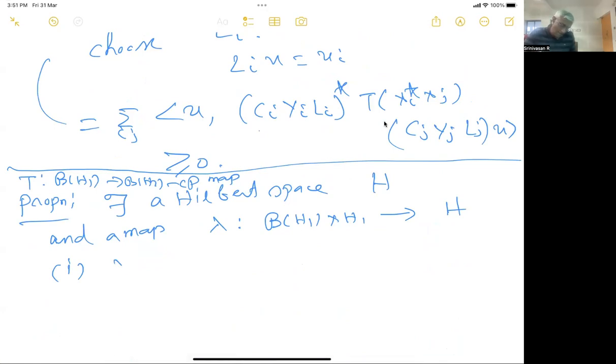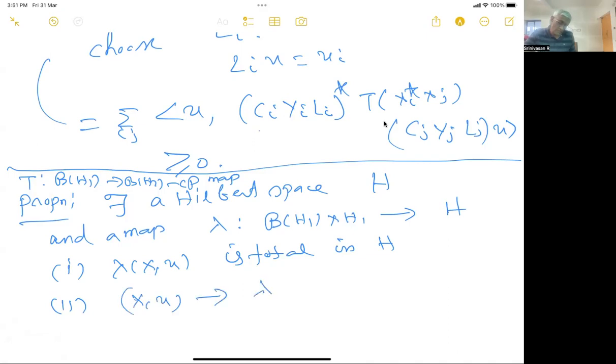Such that lambda of xu is total in H. And two, the map (x, u) going to lambda xu is linear in both the variables, bilinear, whatever.